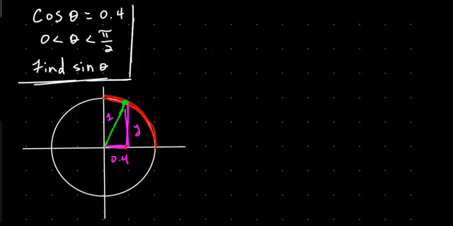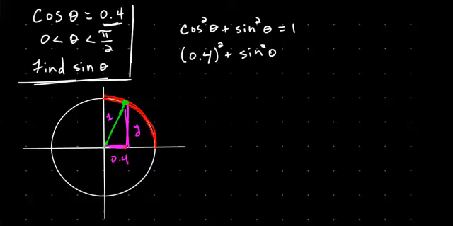So we know that cosine squared theta plus sine squared theta equals 1. That gives me that cosine theta equals 0.4. So 0.4 squared plus sine squared theta equals 1. 0.4 squared, 4 times 4 is 16.